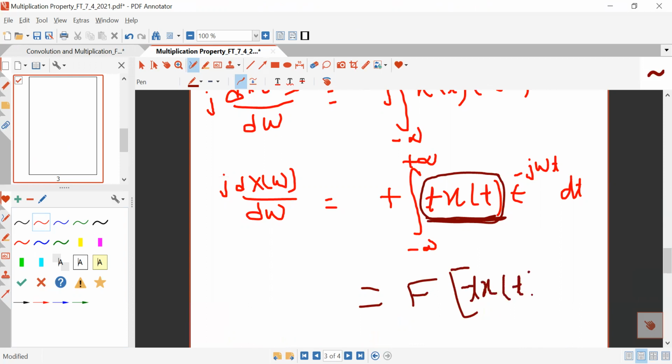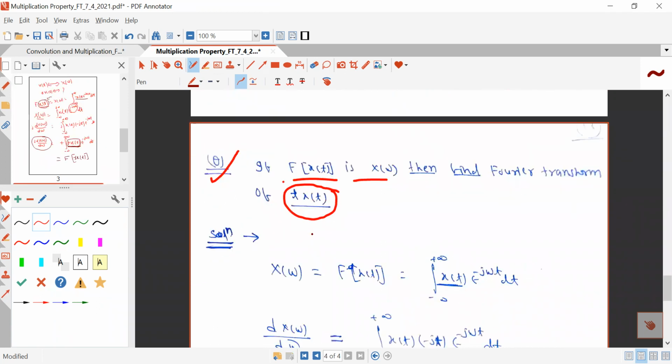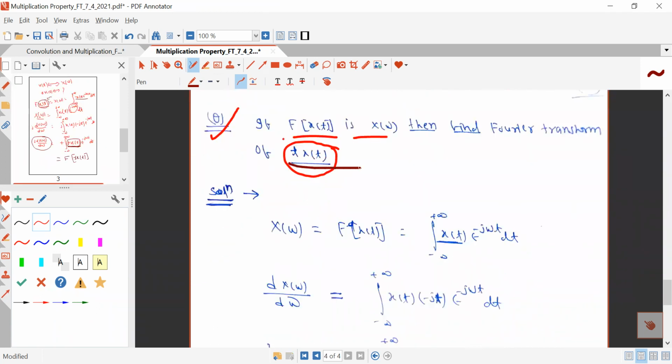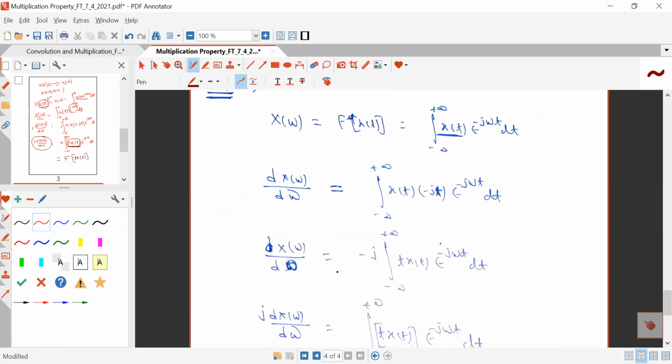So in this way, you can determine the Fourier transform of t x(t), which will be equal to j into the differentiation of X(omega) with respect to omega. So in this way, you can solve this problem. If the Fourier transform of any signal is given, then you can determine the Fourier transform of t times that signal. Similarly, you can determine the Fourier transform of t squared times that signal.